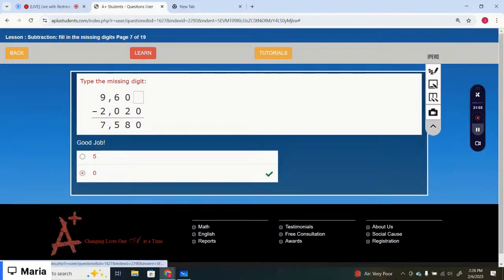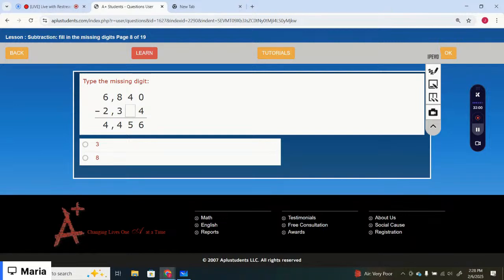Option 2 is the correct option. Type the missing digit. So which is the correct option?